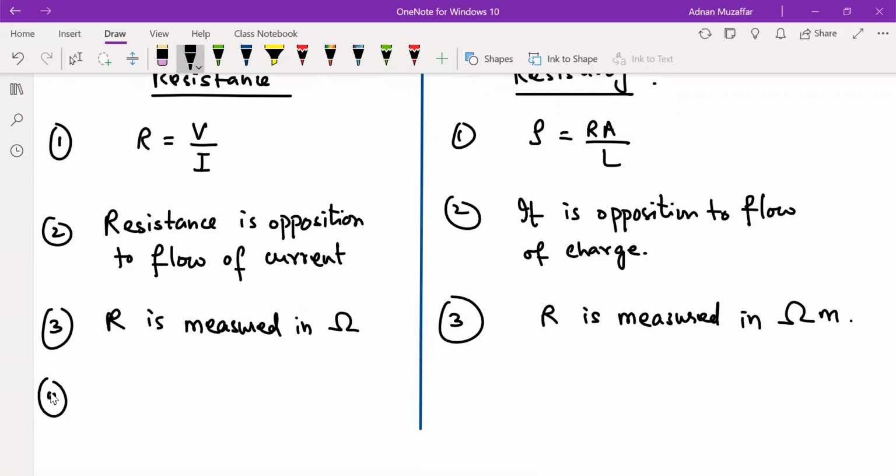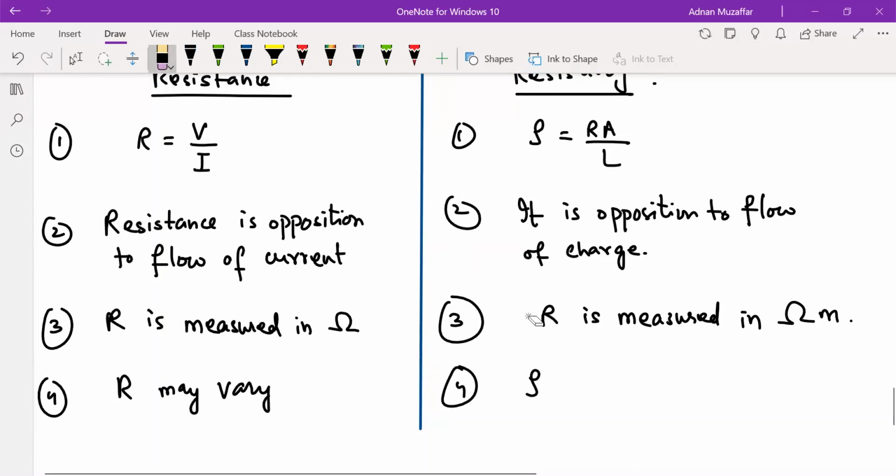There's also one more very important point that R may vary, but rho is fixed. It is not R, I'm sorry, it should be rho here. Rho is fixed for a specific material.